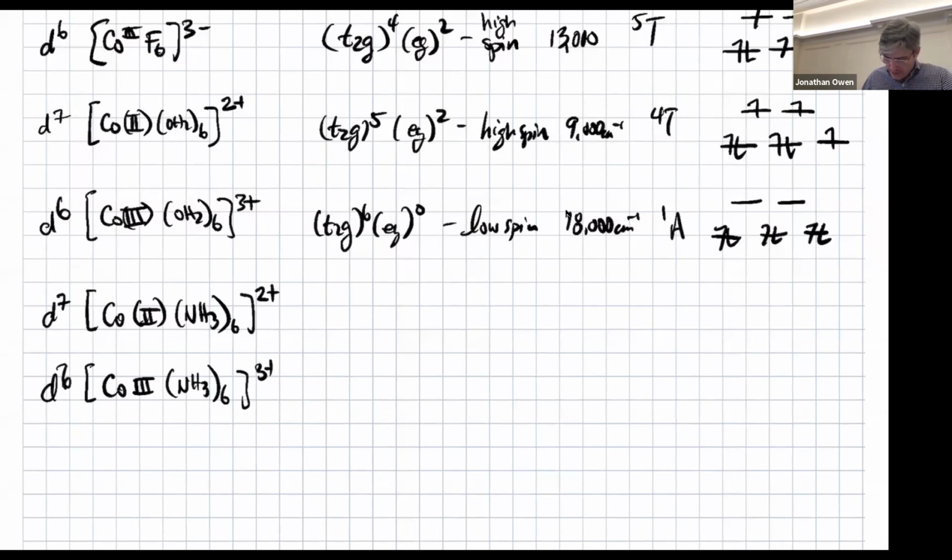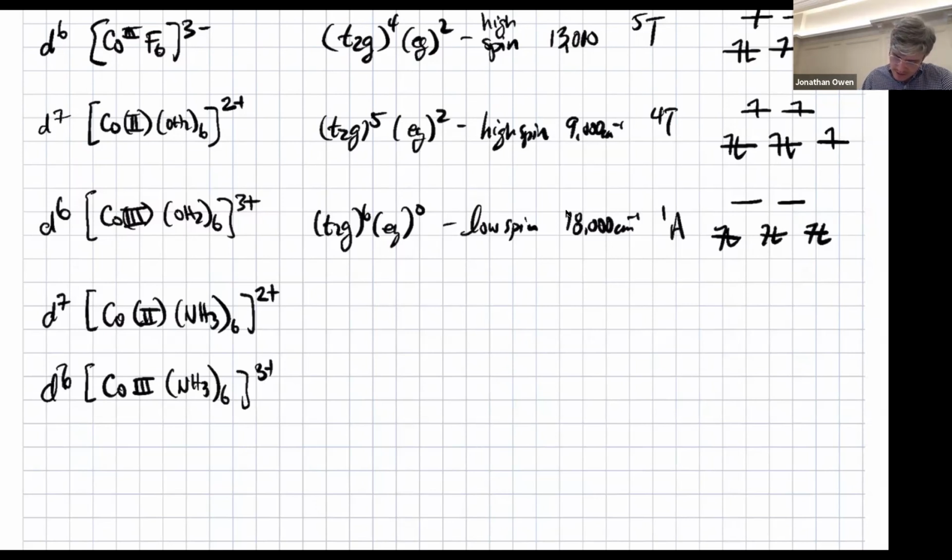D7 and D6 again. So an amine ligand is a stronger donor than an aqua ligand. So it's going to make the EG level, the sigma star level, go up in energy. And that's going to increase the delta O.